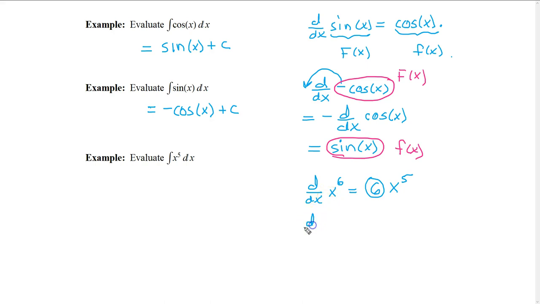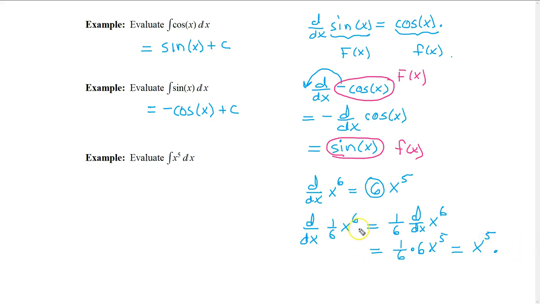So if we look at the derivative of 1/6 x to the sixth power, notice that this is a constant, so we can just move it outside. And now when we differentiate this, we get back, and of course the 1/6 and 6 cancel, and we get x to the fifth.